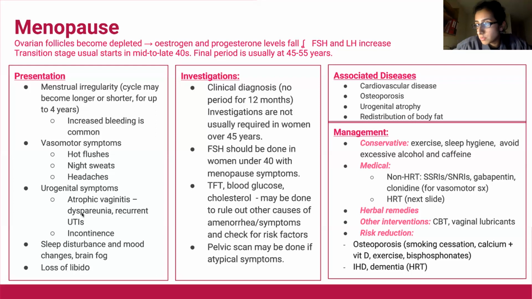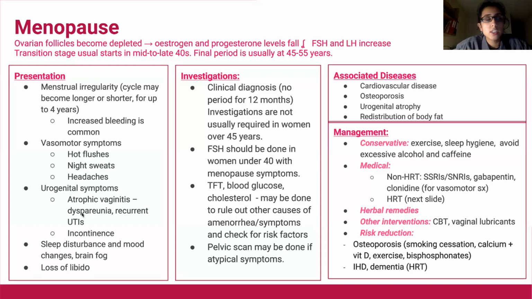Additionally, vasomotor symptoms: hot flushes, night sweats, headaches, and this is also more common at night, and also when people have increased stress. And this can then lead to things like sleeping difficulties, which can cause issues with memory, cognition, brain fog, mood as well. So mood changes are quite common, and also urogenital symptoms as well.